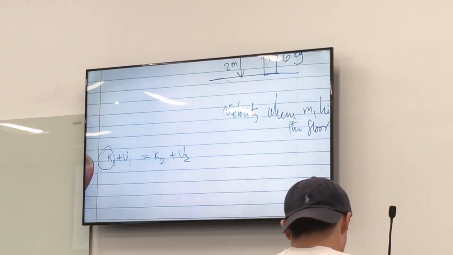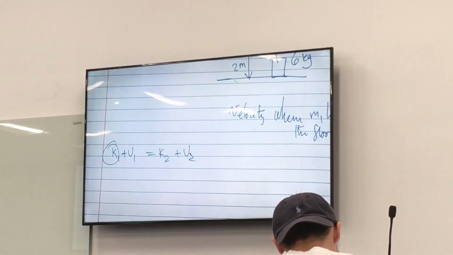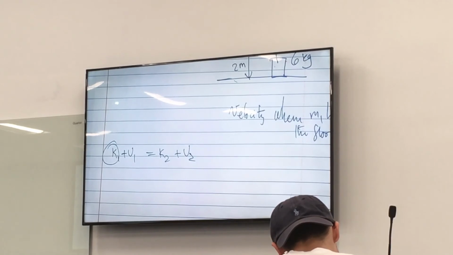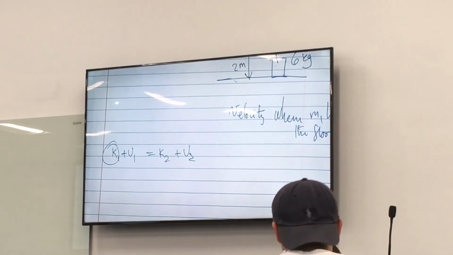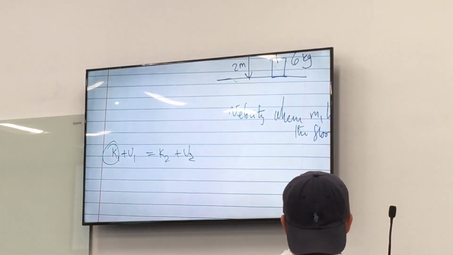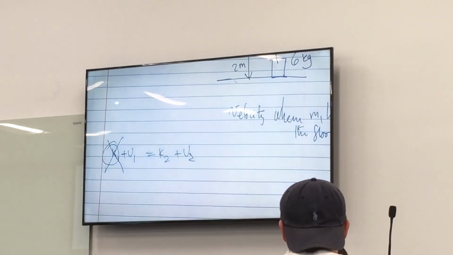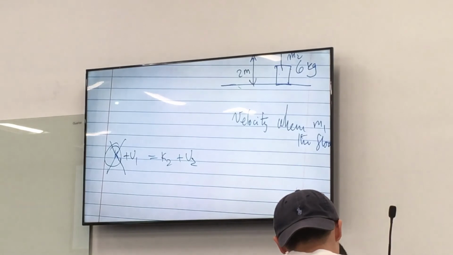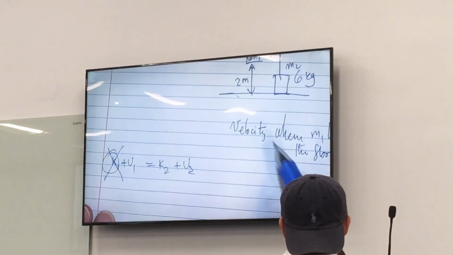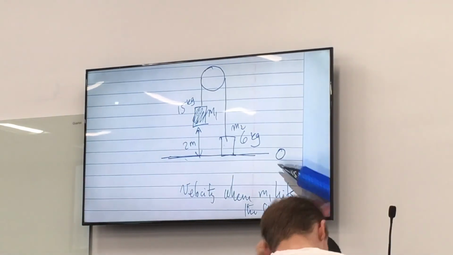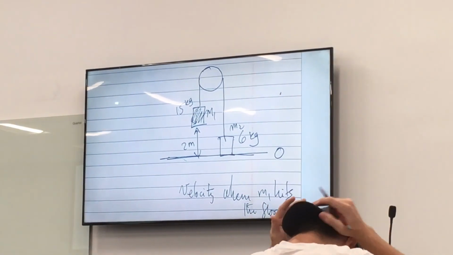So what is K1? Kinetic energy, right? 1/2 mv squared. So what is the velocity of these objects just when you release? 0. So that's not even there. See? What is U1? U1 is the potential energy. Let's suppose the potential energy is 0 at the floor, and any height you have will have mgy.